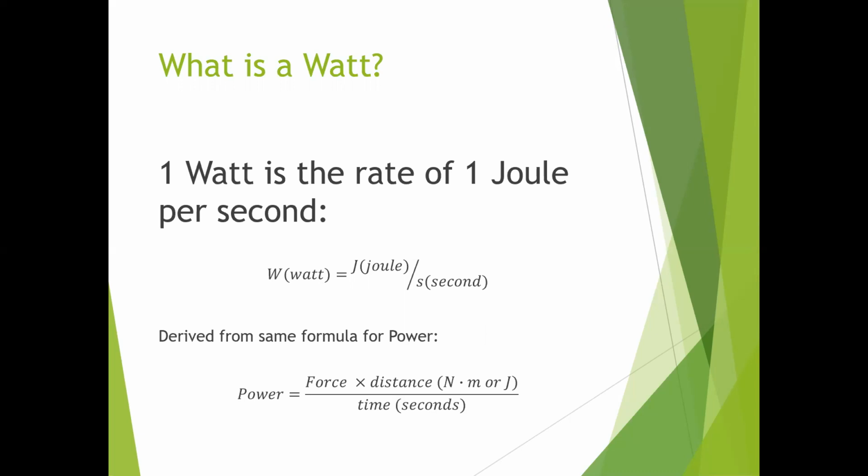And this is going to be one of those formulas that you need to also know for conversion when you're trying to convert things from mechanical to electrical energy. Okay?